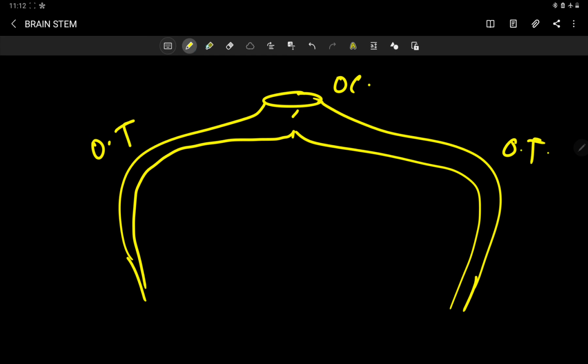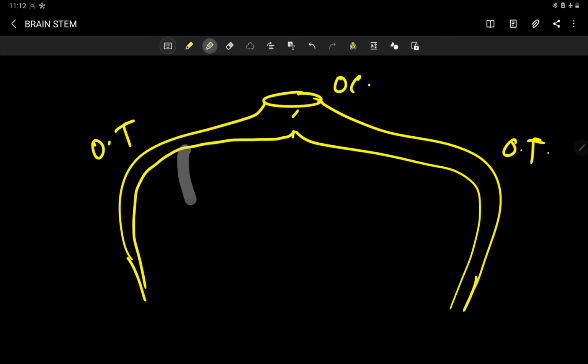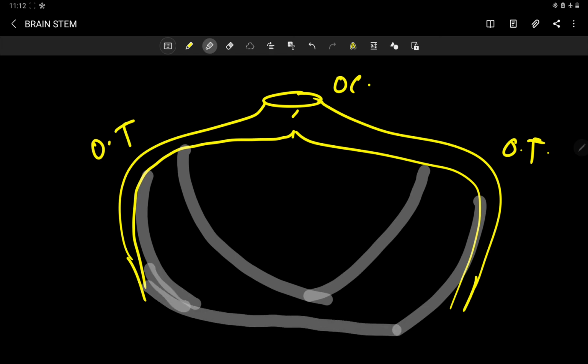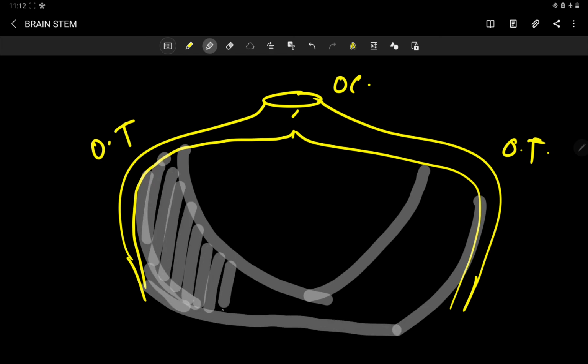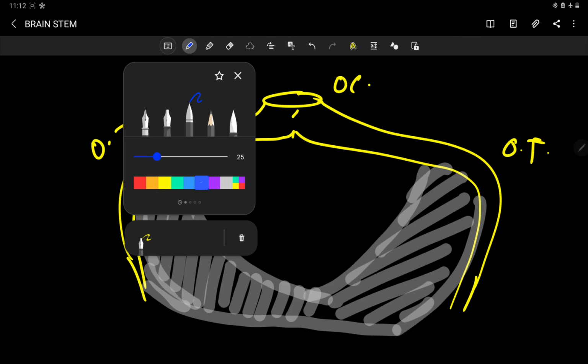Okay, and you can see these structures here. These two structures are your cerebral peduncles.